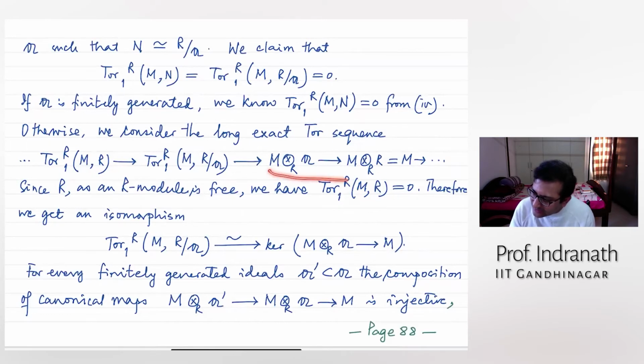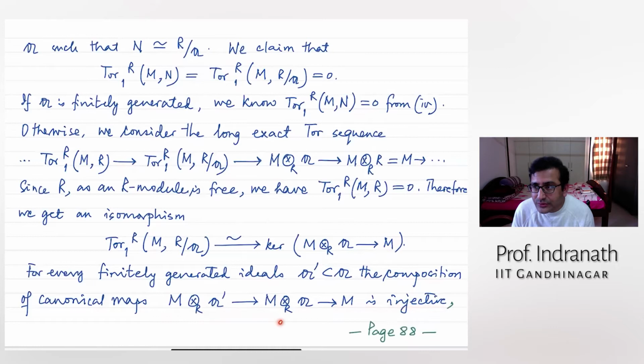So you have an isomorphism between the kernel of this map and this Tor. So for every finitely generated ideal A' contained in A, the composition of the canonical maps is injective. Can somebody tell me what exactly is being said here?